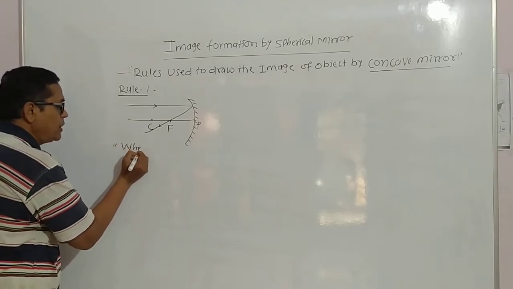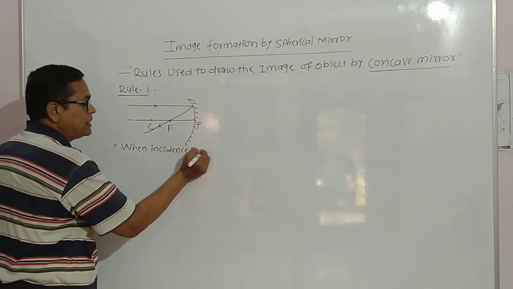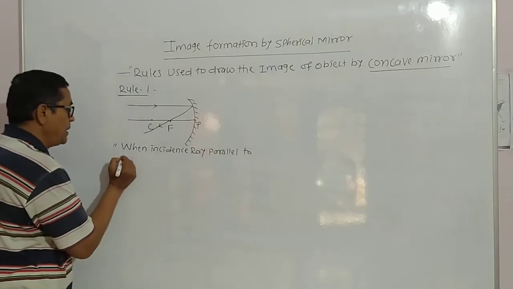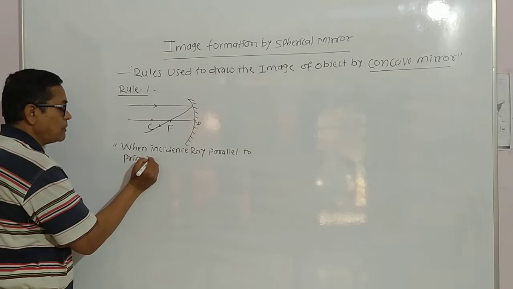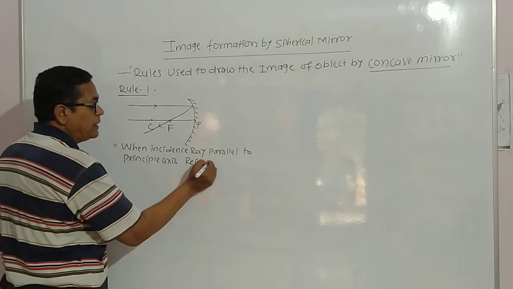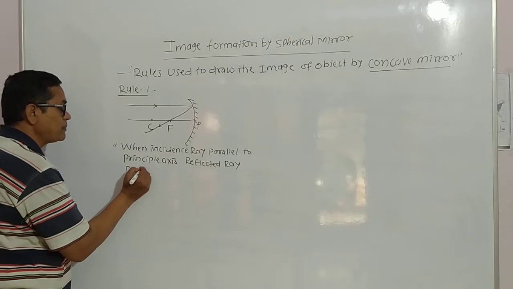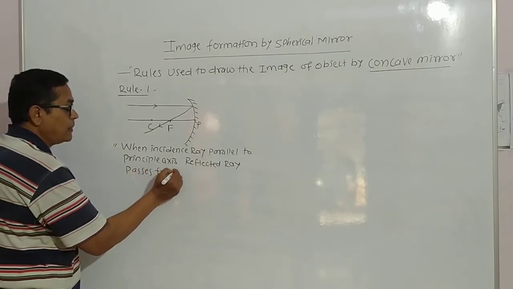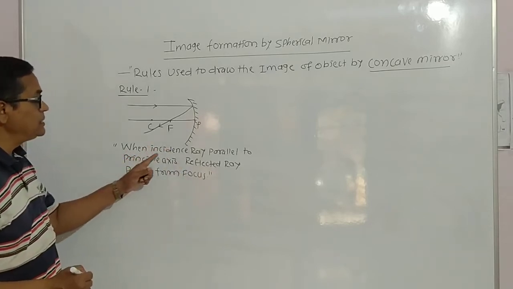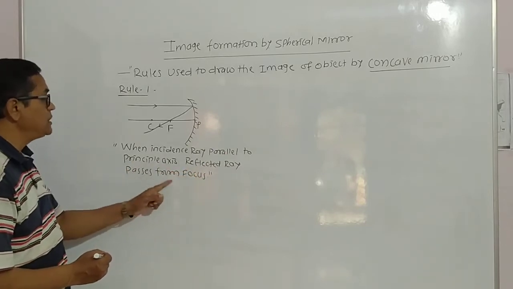When the incidence ray is parallel to the principal axis, the reflected ray passes through the focus.